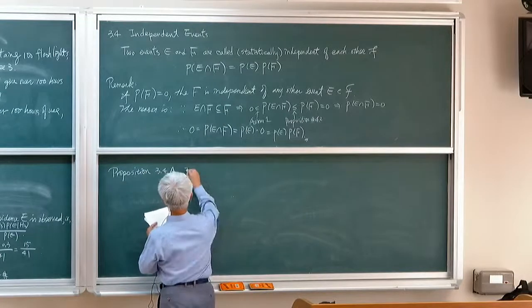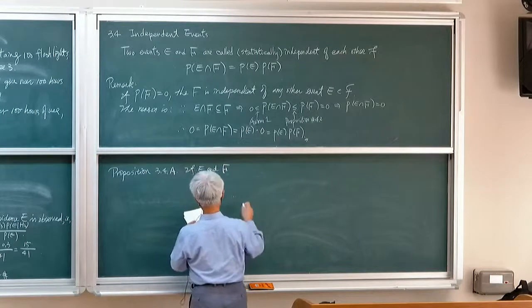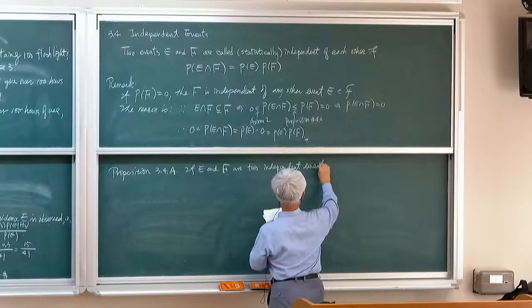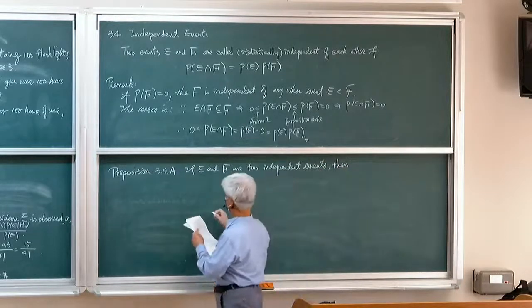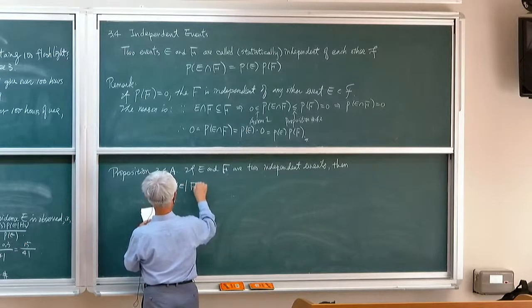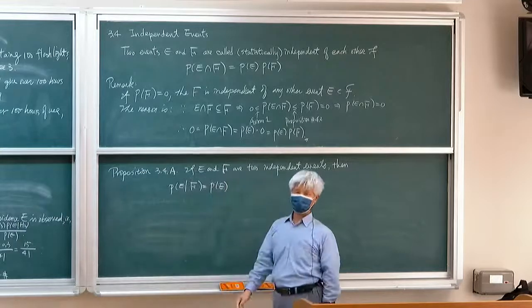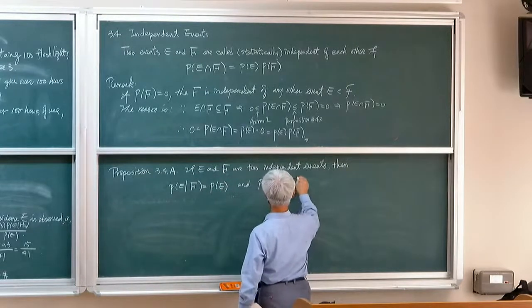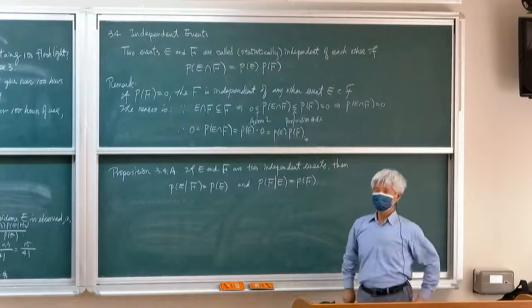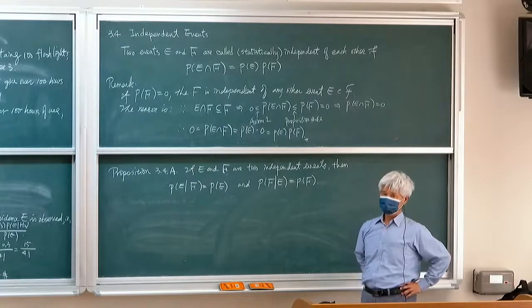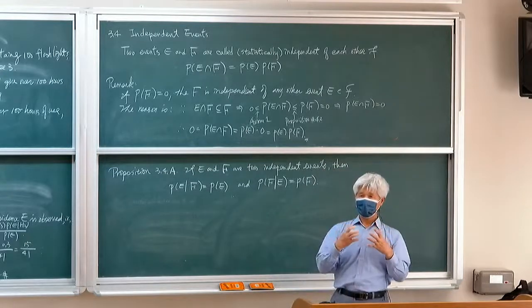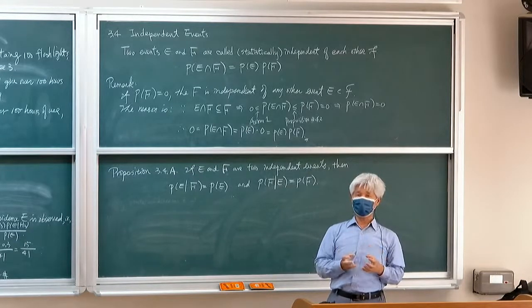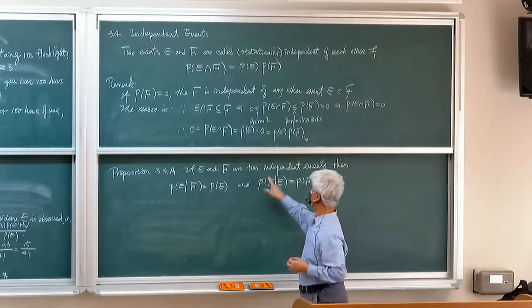Proposition 3.4.a: if E and F are two independent events, then the conditional probability of E given F is equal to the unconditional probability of event E, and the conditional probability of event F given event E is equal to the unconditional probability of F. So this proposition connects the concept of conditional probability and the concept of independence together.